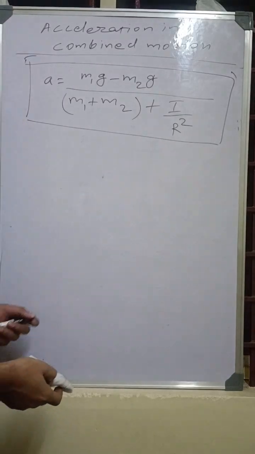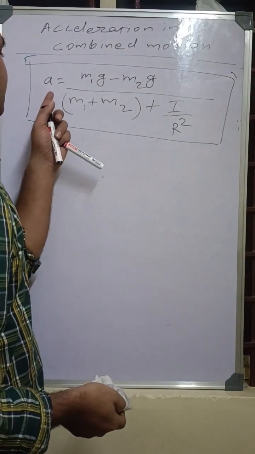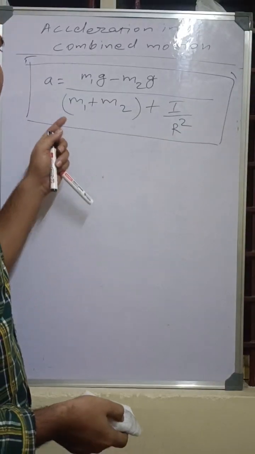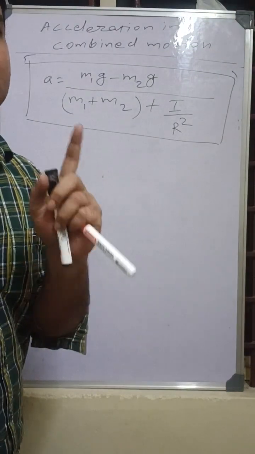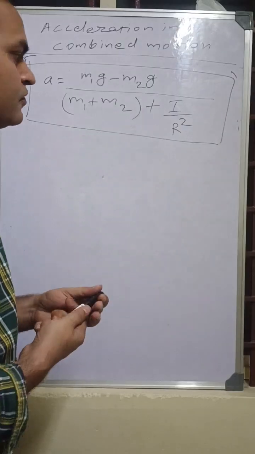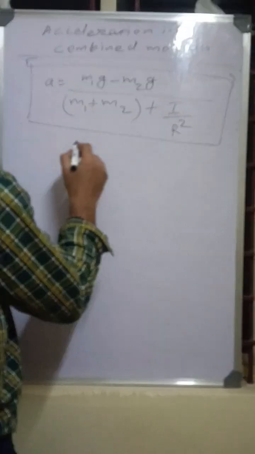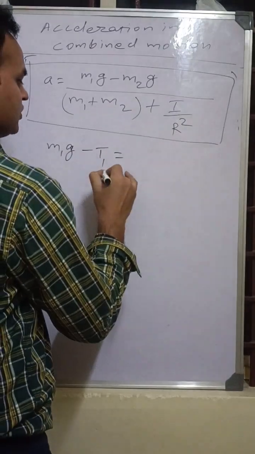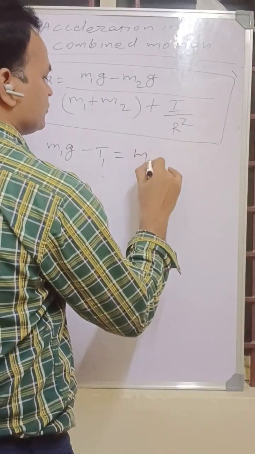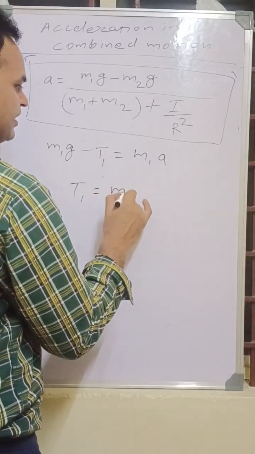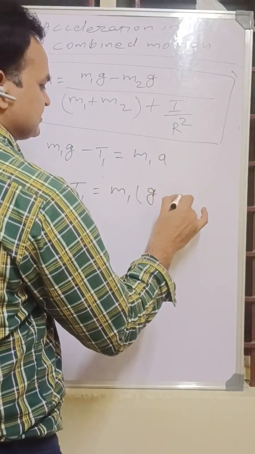Here, if you found the acceleration A, then you can easily find the tensions T1 and T2 by putting this value of A in the equation of motion. For M1, we have written M1G minus T1 equal to M1 into A. From here, you can easily write T1 equal to M1 into (G minus A).